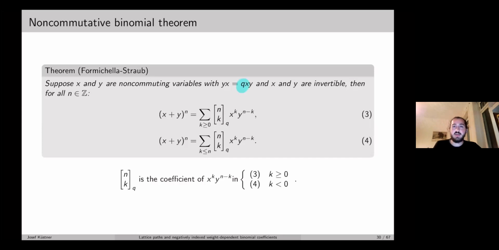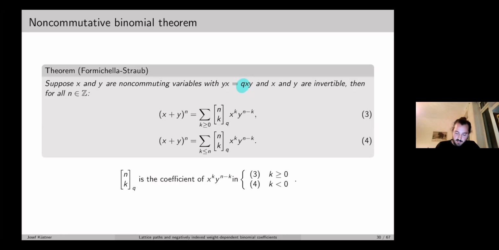Okay, x and y now have to be invertible. And then we can say for all integers n that (x plus y) to the power of n is equal to this sum from k bigger or equal to 0 over binomial coefficients n choose k, and x to the power of k, y to the power n minus k, or we can go in the other direction.